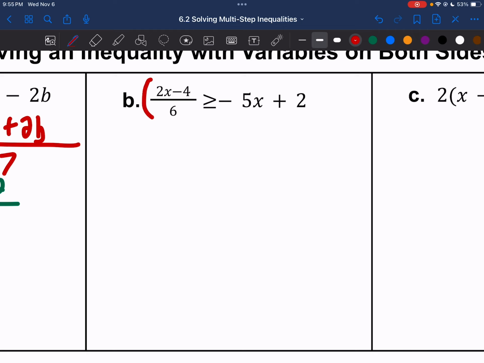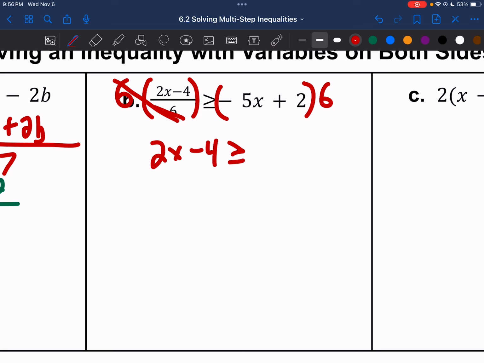How about instead of that, I am going to just multiply both sides of my inequality by 6. And so when I do that, the 6's cancel out on the left, and I'm left with 2x minus 4 is greater than or equal to negative 30x plus 12 after I distributed the 6 to both terms.